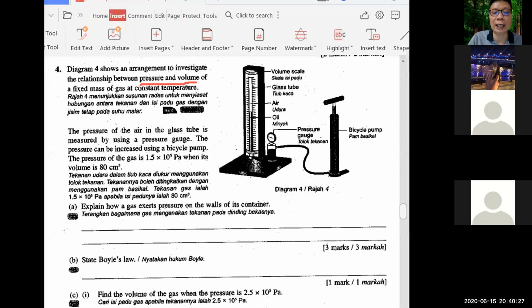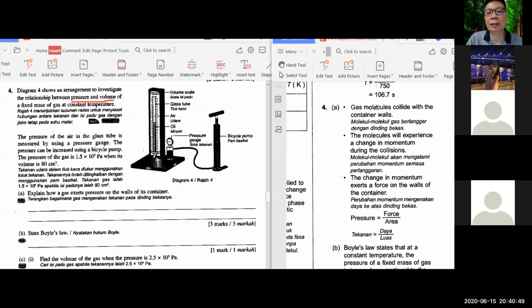Okay, come, let's see the answer. Okay, so the answer is here, the complete answer. Point number 1, point number 2, point number 3. So altogether 3 marks.